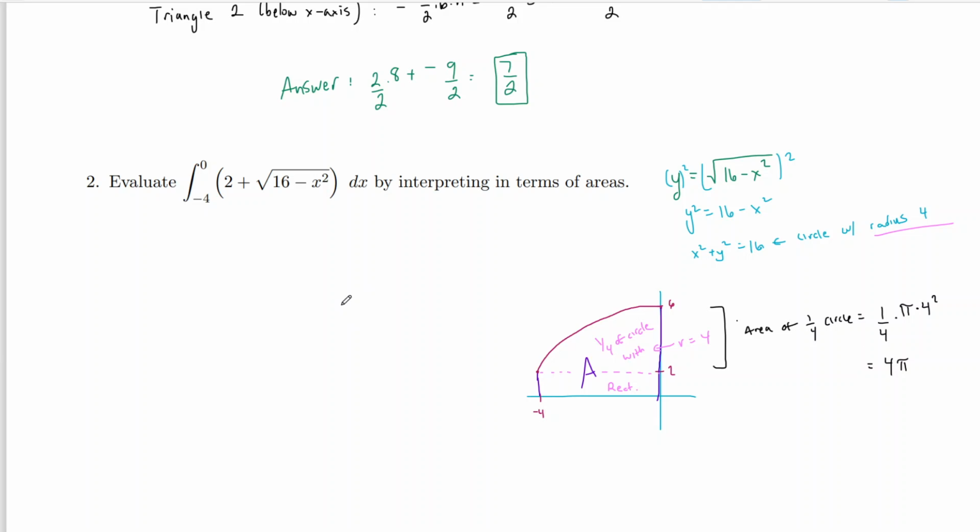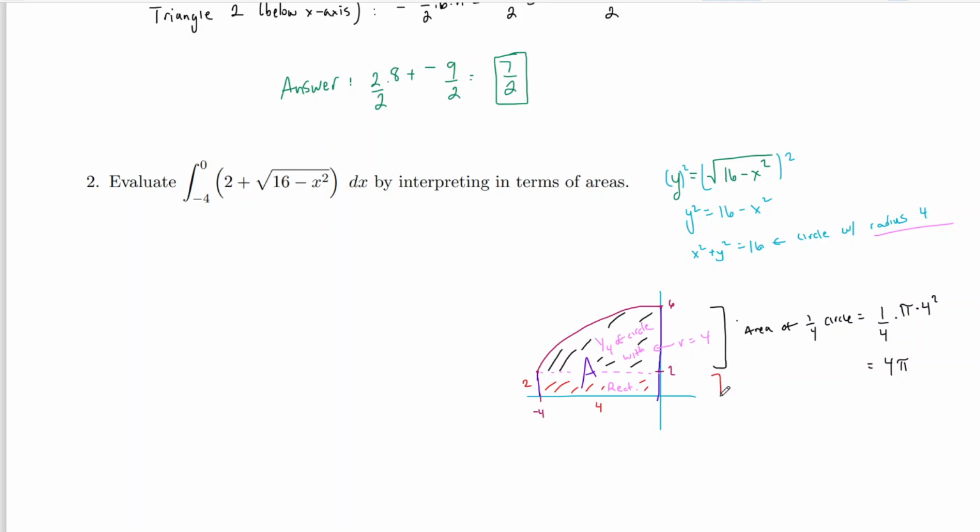Now that's not our entire answer, because that's just the area of the quarter circle part. Now what is the area of the rectangle on the bottom? Well, that's just a rectangle, and the height is 2 because it goes from 0 to 2 on the y, and the width is 4 because the x values go from -4 to 0.